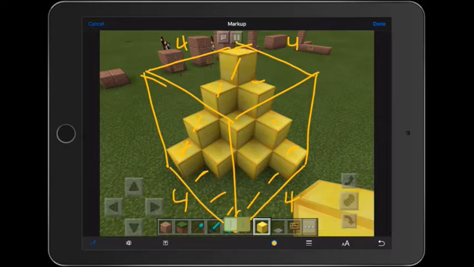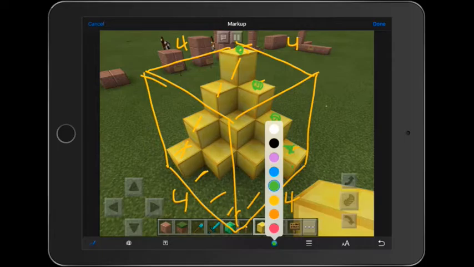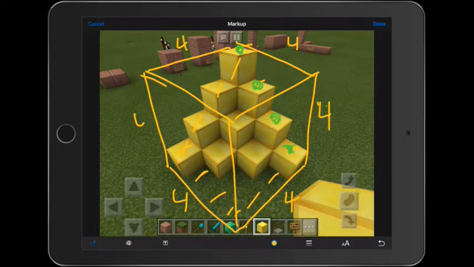So now how tall is it? This one's kind of tricky because you have to count up and realize that each one of these, I'm going to make this a different color, is actually a lift going up. So it's going up 1, 2, 3, and 4. So the height here is also 4, which makes this height 4 as well.